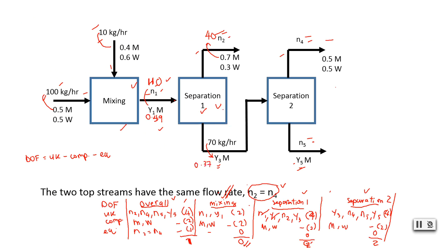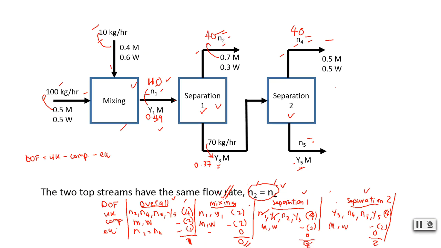Based on the information here, we know that N2 equals N4. N2 is 40, so N4 is also 40. Now we want to see what the next step is, whether we can do the mass balance at separation 2 or the overall.